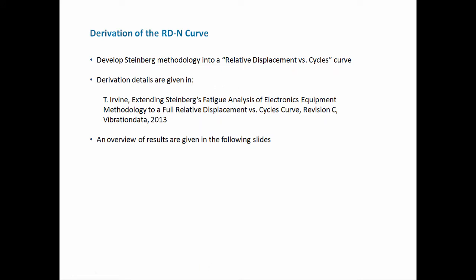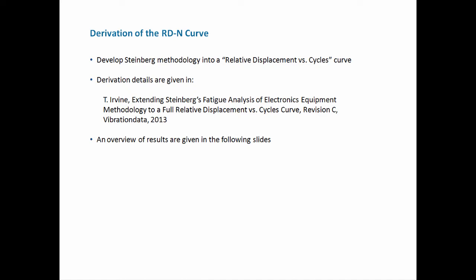So what Steinberg has given us is this golden point at 20 million stress reversal cycles. And we're going to set a goal for ourselves, a very ambitious one: we want to develop a full relative displacement versus cycles curve. So for, say, metallic structures, beams and plates and so on, we have these SN curves.